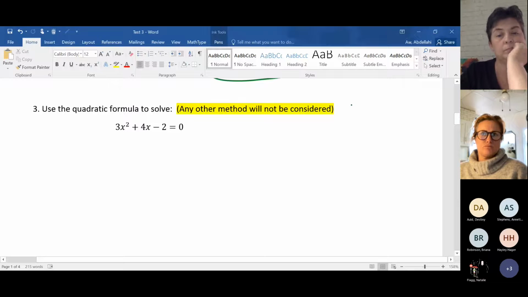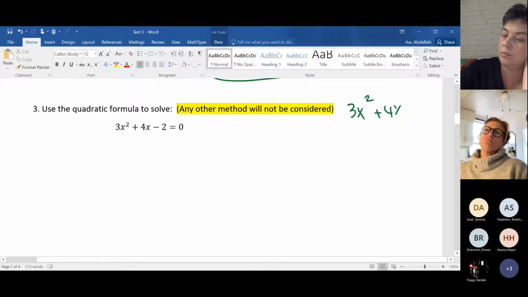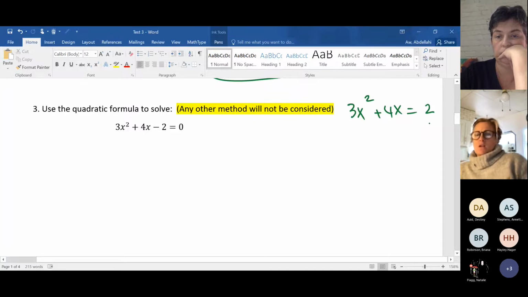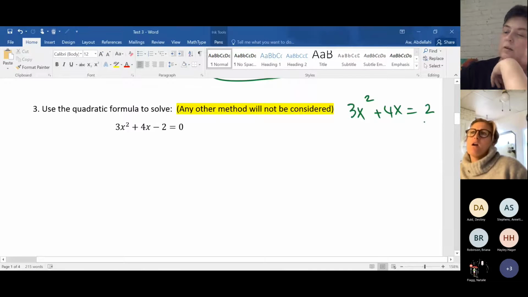Maybe it will be given as 3x squared plus 4x equal 2. If the equation was given like that, what are you going to do before you apply the formula? You have to make it 0 by subtracting 2 on both sides. So you get 0 on one side.